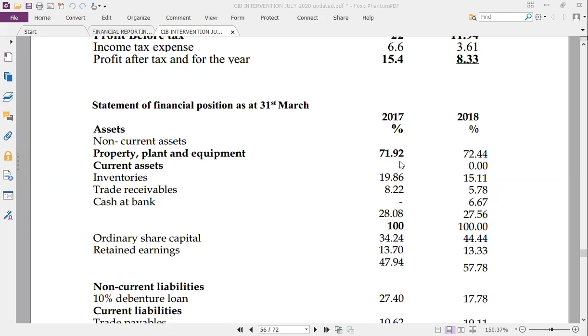And then the inventory has also decreased over the period. Okay, so now let's see how best we can write this report for financial position.